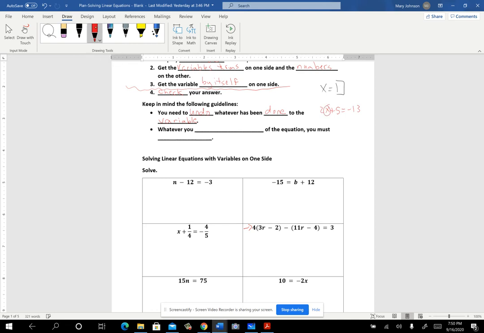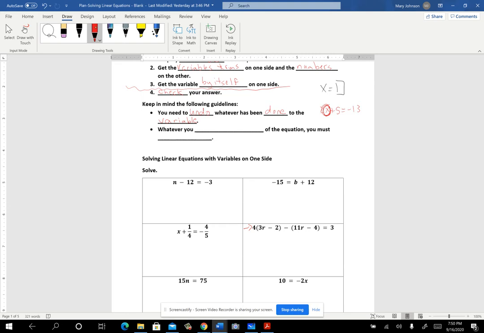You see how x has been multiplied by 2 and then you've added 5? You're going to need to undo the adding of 5 and you're going to need to undo the multiplying by 2. Okay, so that's the one key idea, the idea of using inverse operations to undo what's been done to x. Okay.